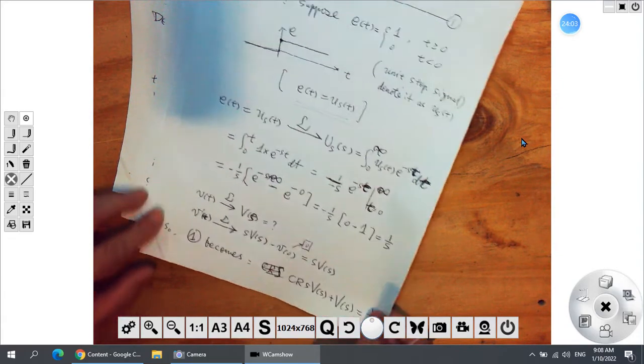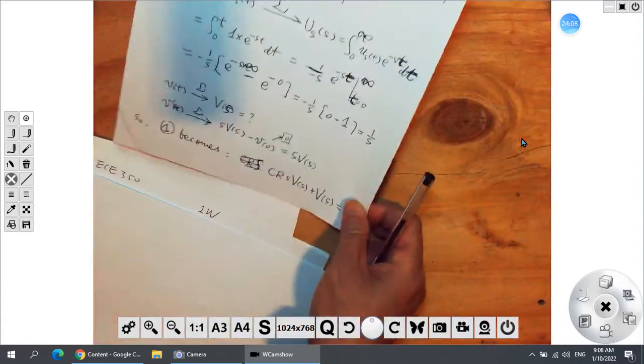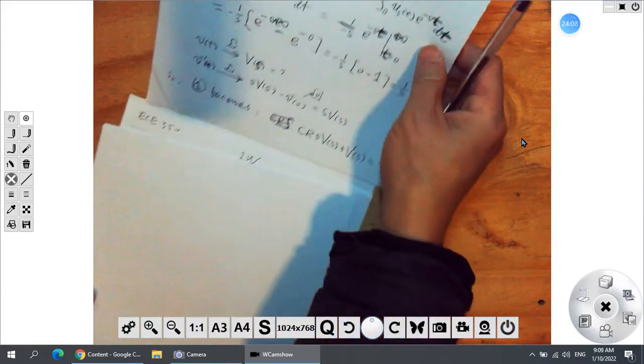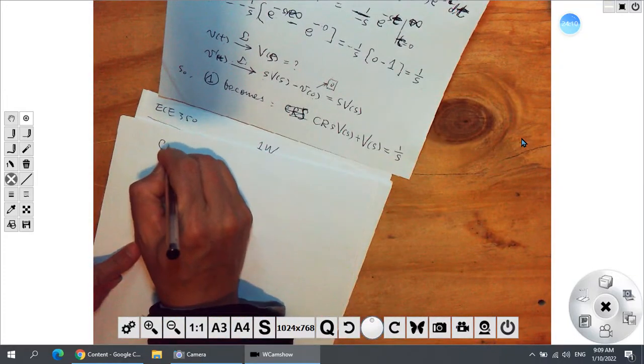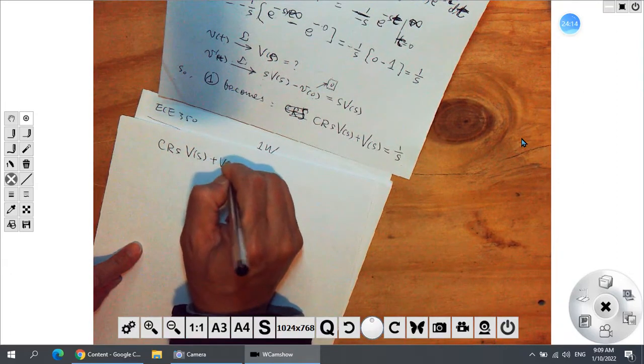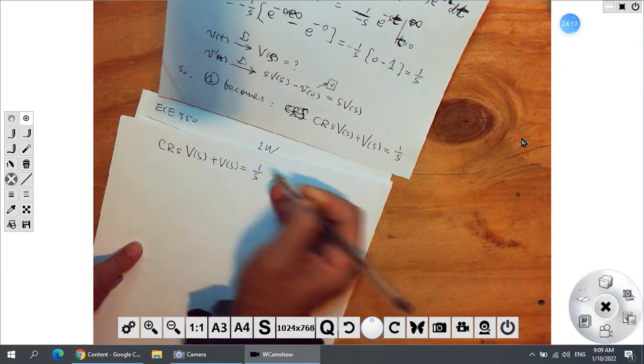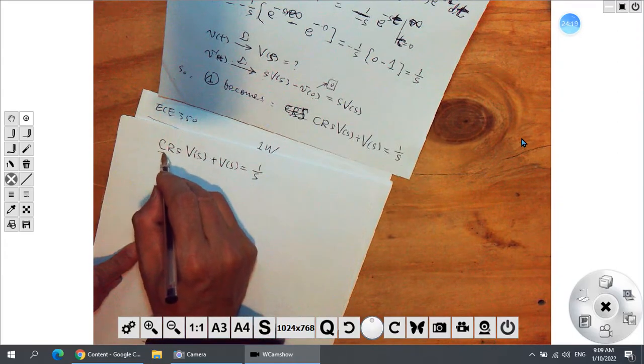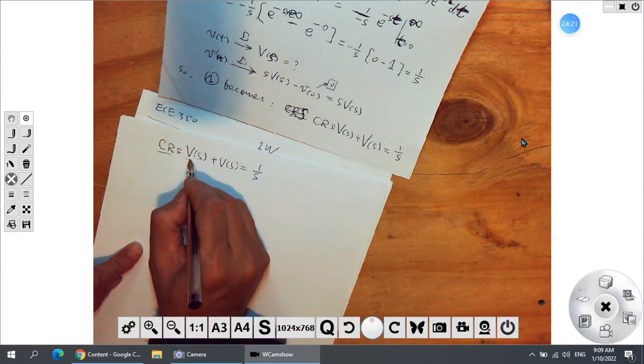Then we have CRs V of s plus V of s equal to 1 over s. So here CR is given, V is unknown. Now we can solve it, right?